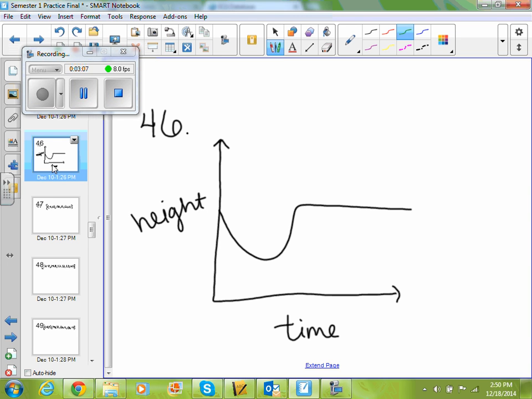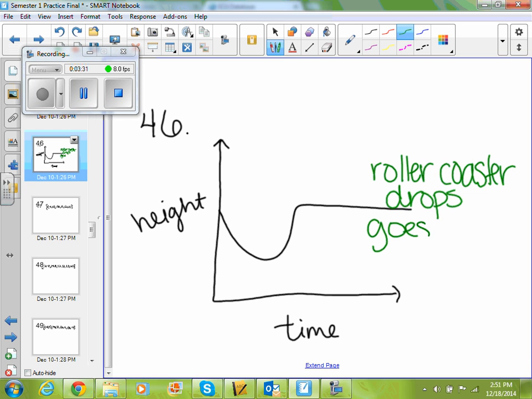Okay, if we are then looking at 46, we're looking at height over time. I put arrow 3 drops. Okay, and then what happens? Okay, so drops, then it goes up, then it stays the same.